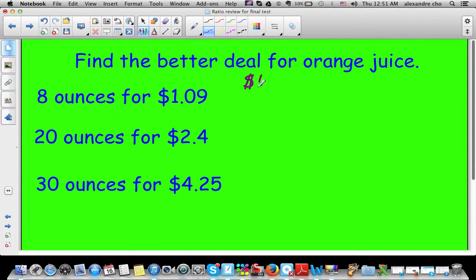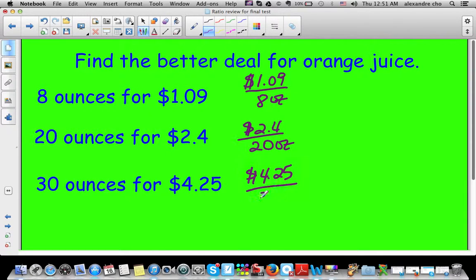So I'll write $1.09 over 8 ounces. I'll write the second one, which is $2.40 over 20 ounces. And we have finally $4.25 for 30 ounces. So where is the better deal?